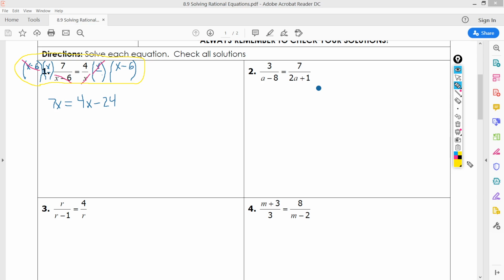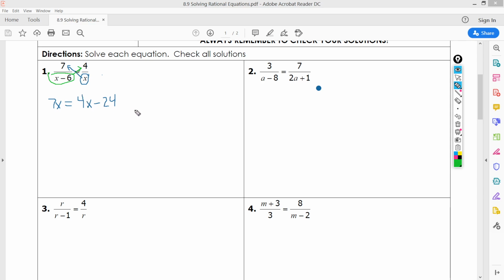If I take this x right here and multiply it up here, and then take this x minus 6 down here and multiply it by the 4, well, x times 7 gives me 7x, and x minus 6 times 4 gives me 4x minus 24.